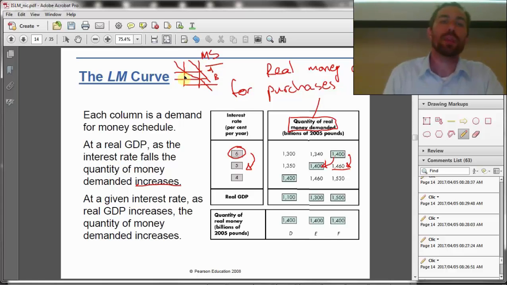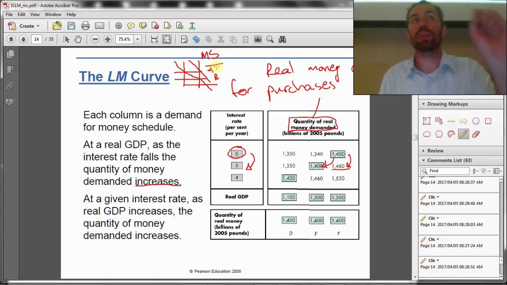In other words, interest rates go down in the money market, quantity of money demanded goes up. But interest rates going down and equilibrium in the money market would be interest rates going down and level of output going down. In other words, for lower interest rates in some given money supply, because we're talking about the relationship between output and interest rates, right?